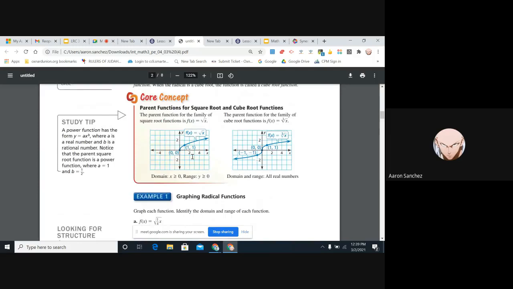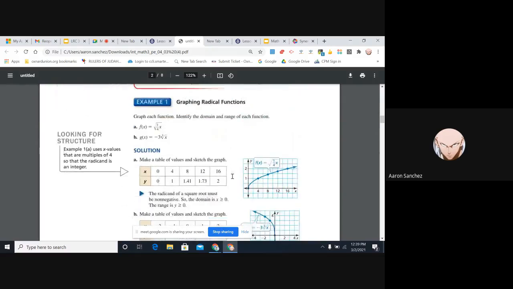So here's the square root function. Here's the cube root function, what it's going to look like. Okay, so let's go ahead and graph these.